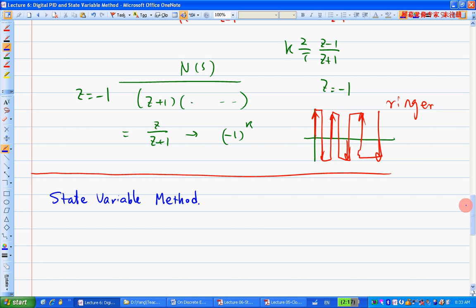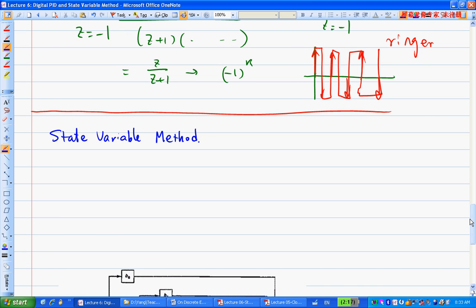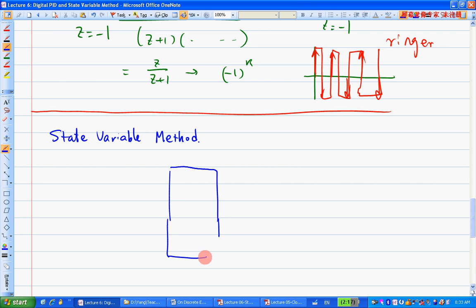But you might notice some differences between the results presented here and the results you learned in modern control. So let me talk about the state variable first, and then we'll look at how we obtain the state space model. Okay. So suppose that I have a system.